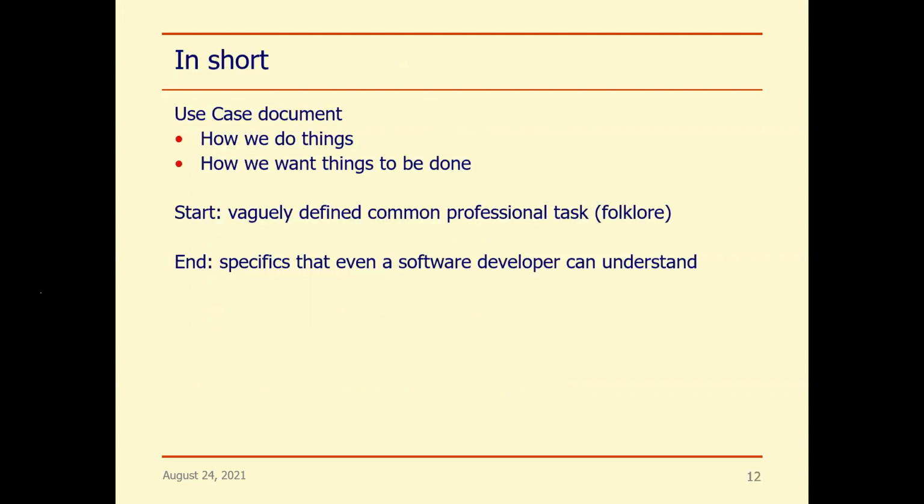Next slide, please. So what we have basically is a use case document. When this gets written down, it is kind of how things should be done from our point of view, the domain point of view. And you start with a kind of folklore description of a professional task, and you end up with specifics that even a software developer could understand.